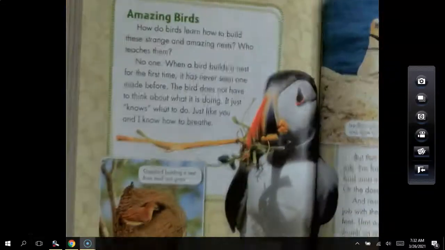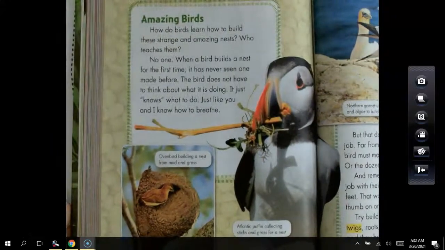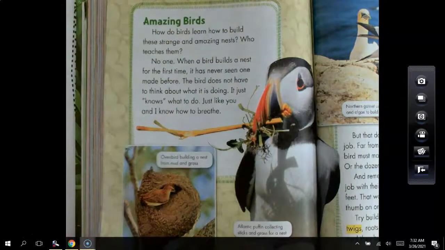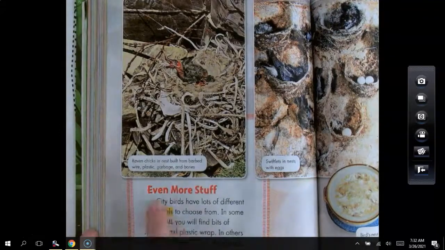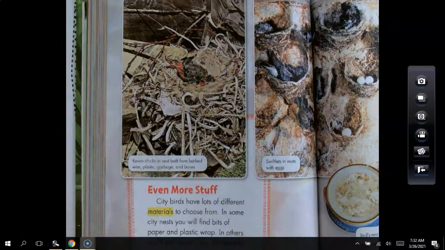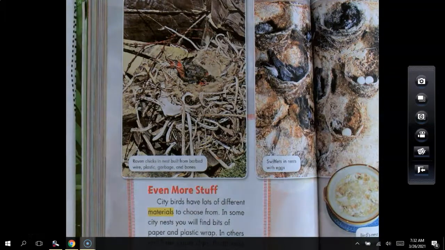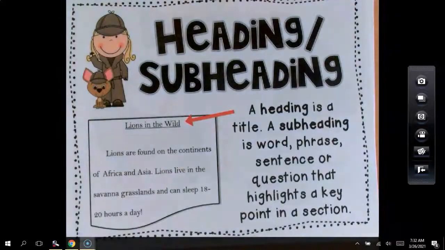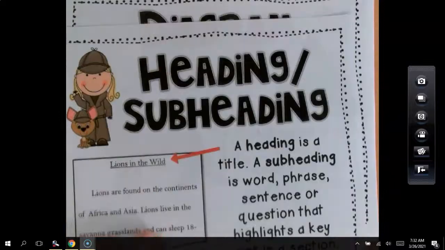So here, for instance, in Amazing Bird Nest, amazing birds, that would be a heading. Even more stuff, that would be a heading. And when we read our social studies books, that has many headings as well. Every time you go into a new section, that would be a new heading. It's like a title.